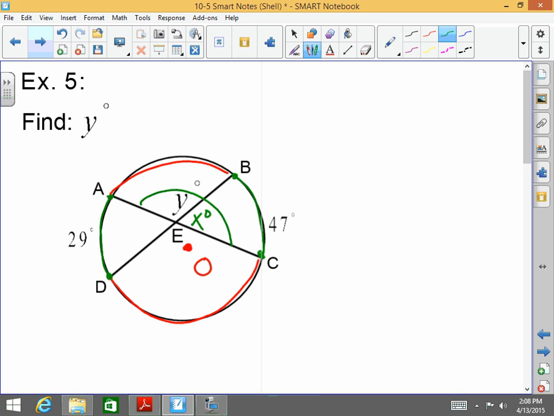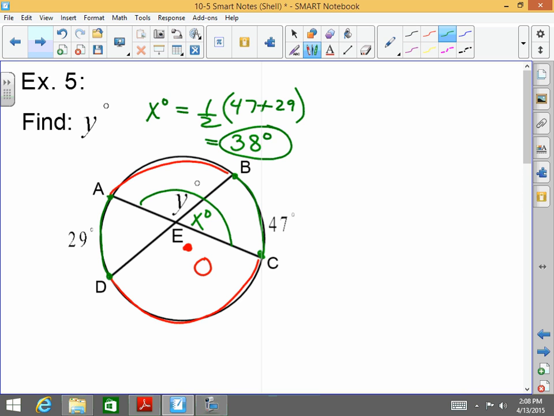This is a chord. So angle X equals 1/2 of 47 plus 29. Excellent. So that will be 76, divided by 2, 38 degrees. So angle X is 38 degrees.